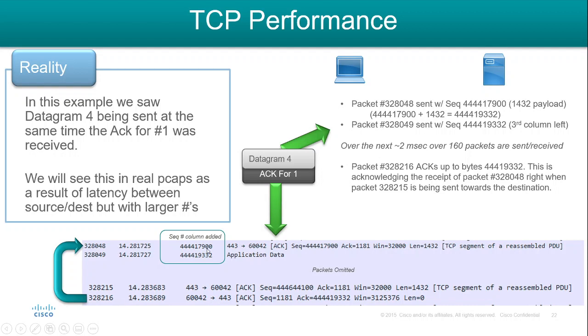Nearly 160 packets were sent and received in that small 2 millisecond window. That's why my previous example had this datagram 4 and ACK for 1. Right when I was sending datagrams 4 and 5, I was getting the acknowledgement for number 1.